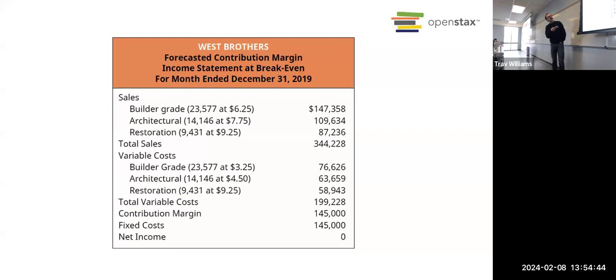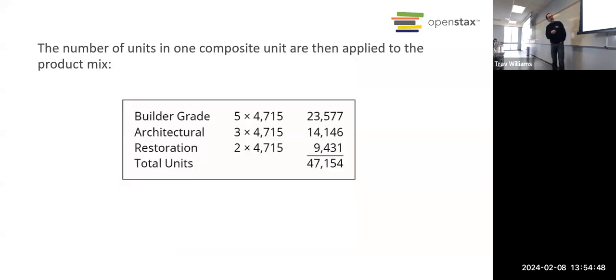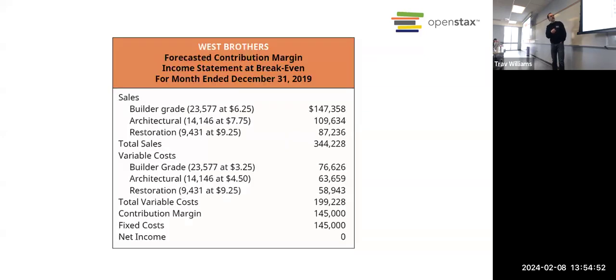From there, we could make a contribution margin income statement, right? Because we just said we need 23,577 square feet of builder grade to break even. We could multiply that by the sales price to get the total sales revenue for that one product. Do the same thing for the other 2 products. And we see our total sales that we would need to break even. Same thing for variable costs.